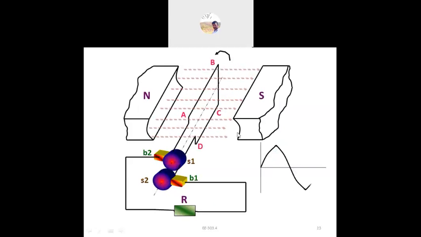Next, from 270 to 360 degrees, it is again increasing towards the positive side, as the magnetic flux cut by the conductor increases. This is how EMF is generated, and this is the sine wave.